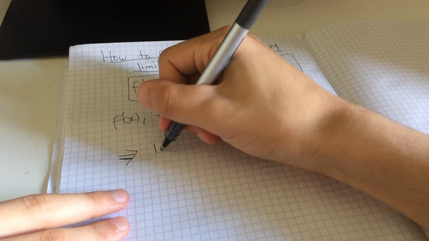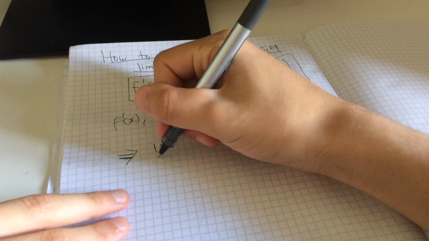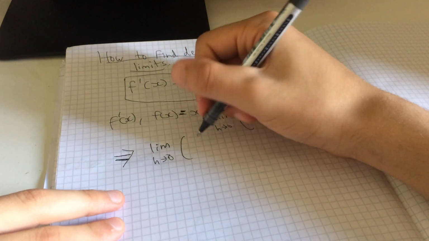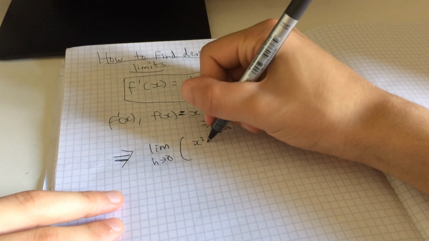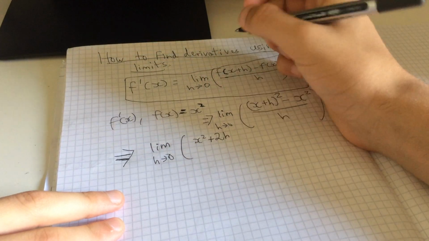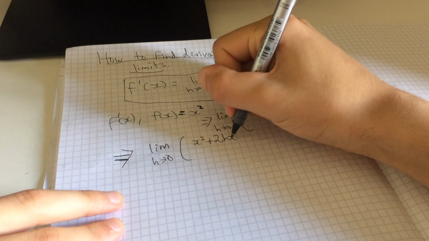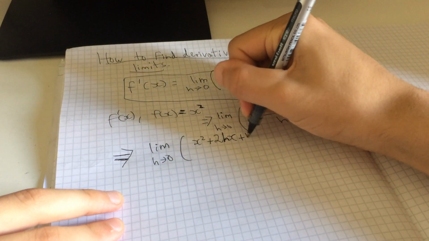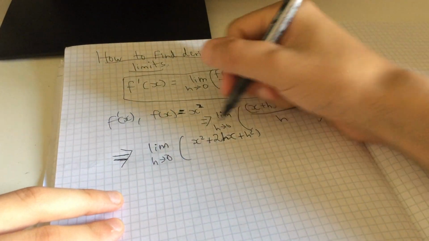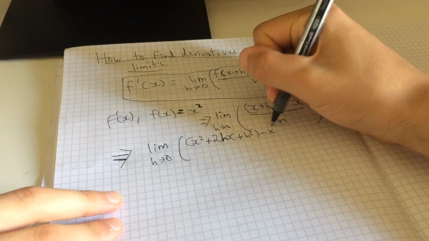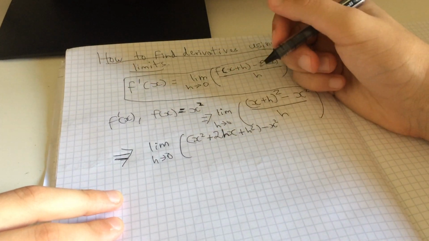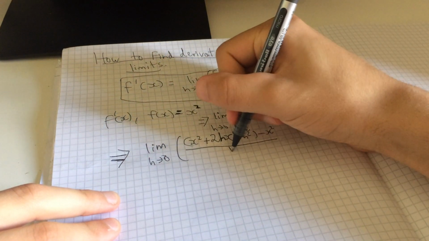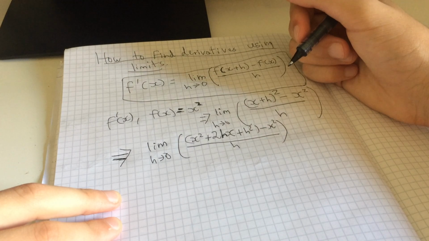So we know that is the same thing as the limit as h tends to 0 of x squared plus 2hx plus h squared, all of that minus x squared. I put the brackets just to show you that those are two different terms, which I just formed here.